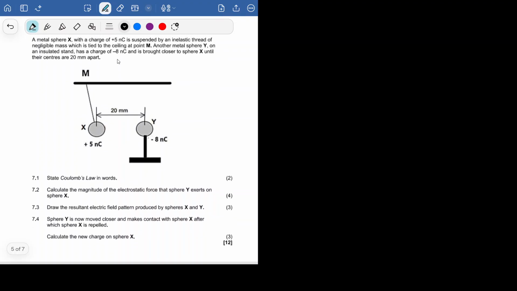Okay. You can read the question for now, then I will start solving. It's important that you also understand what is required of us.